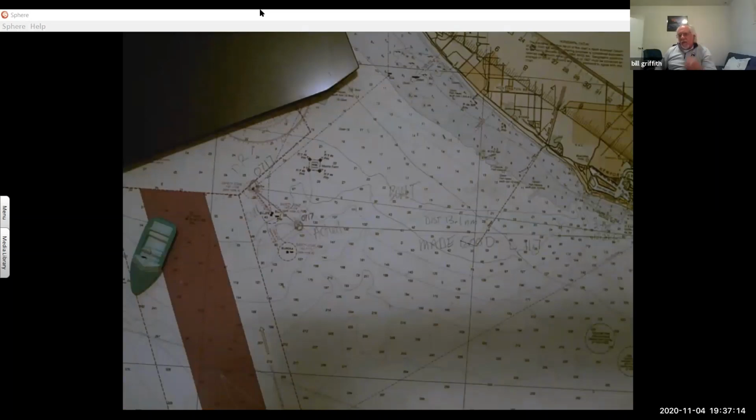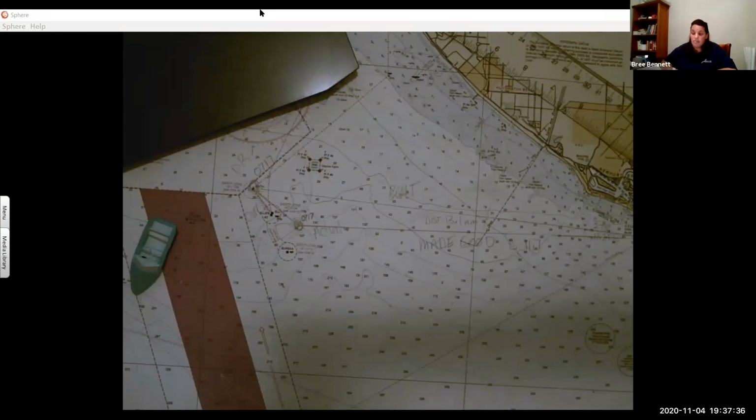So how do you find out your specific vessel's leeway? I would say just experience on the vessel. And I want to say, if you're going from one vessel to another, I call it sail area.